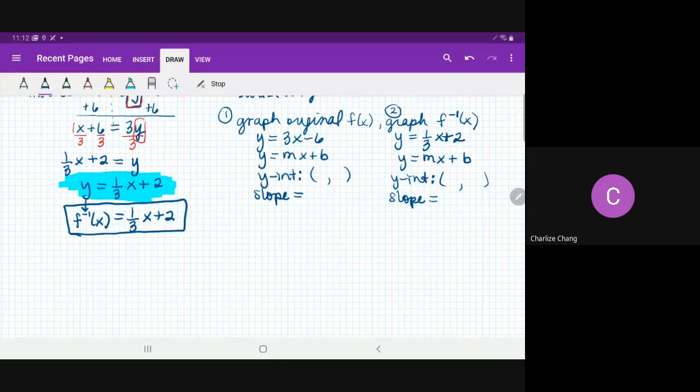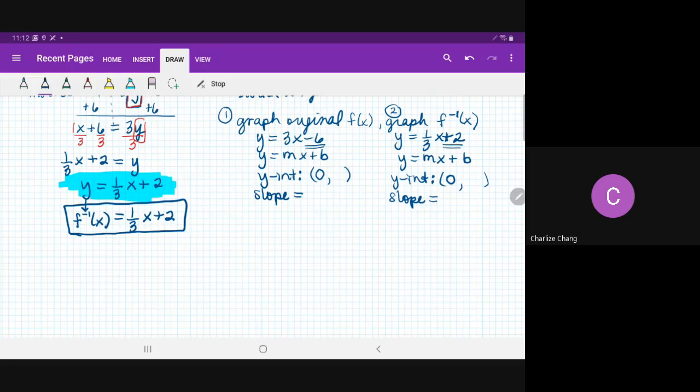Anyone remember about the y-intercept? Yes, it was 0, blank, because y-intercept means you put an x equals 0 in. And then the y-intercept specifically was the second number, the one that was alone.